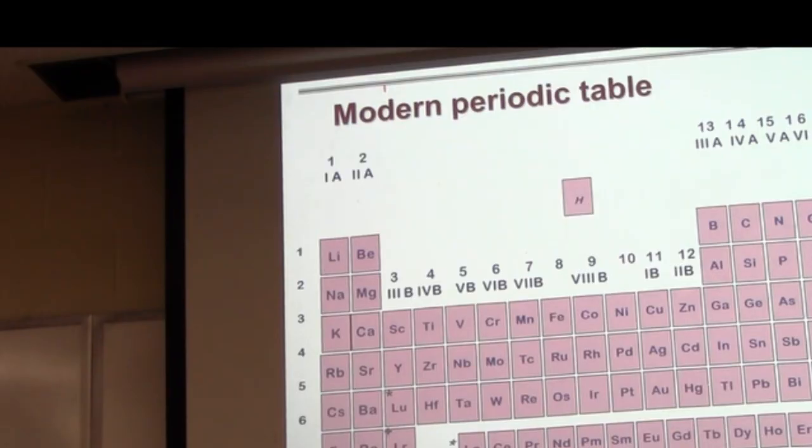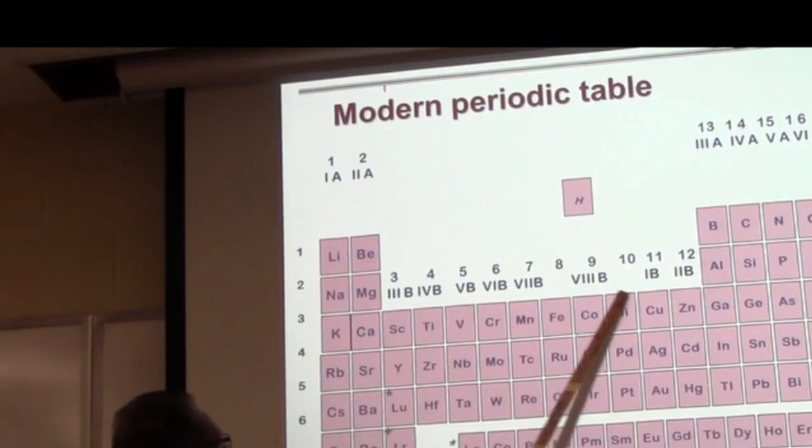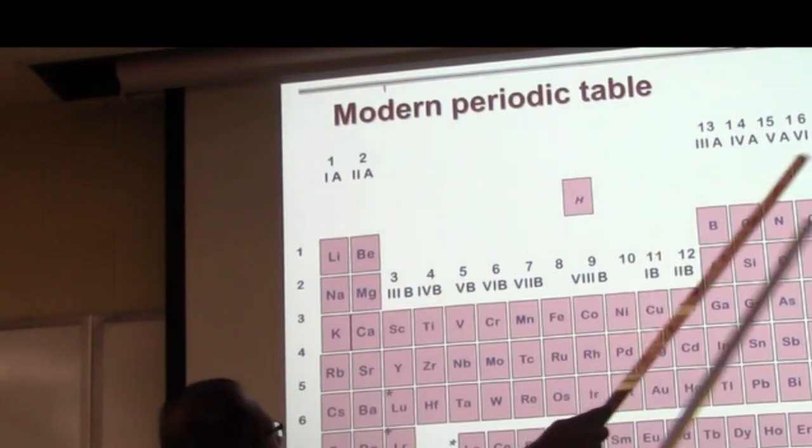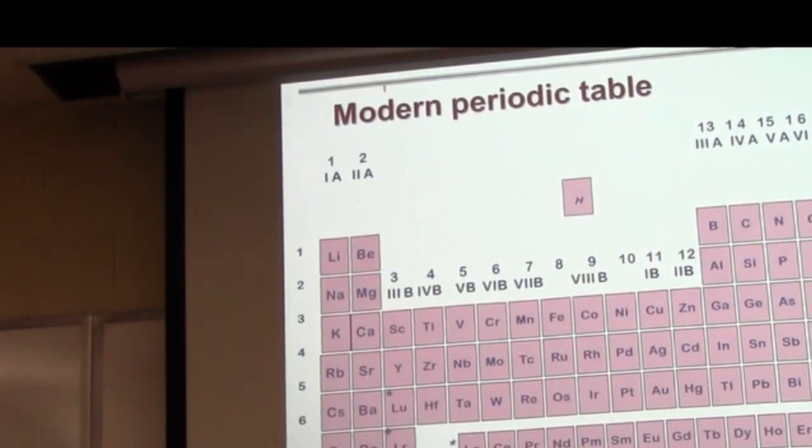That's the easiest way. How many groups are in the modern periodic table now? 18, all right. But they kept those landmarks of the Mendeleev periodic table, like group 8. To keep everything together, they lumped it up. And these are A's and B's, like that.